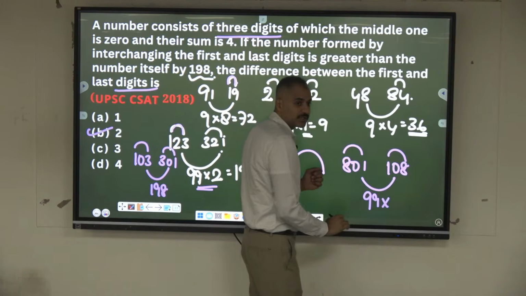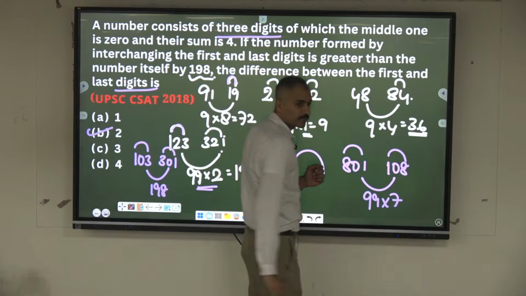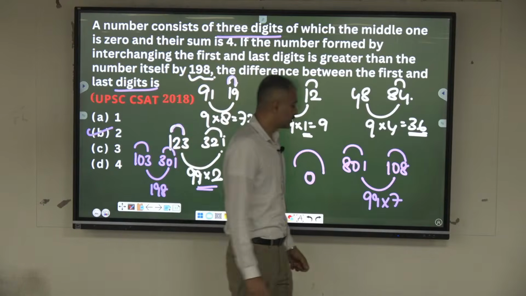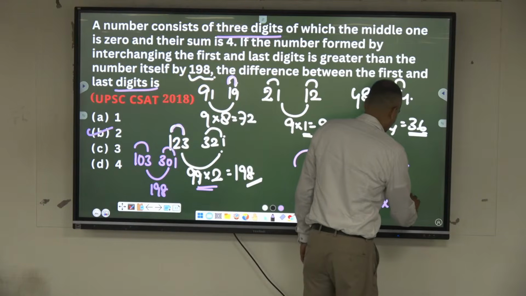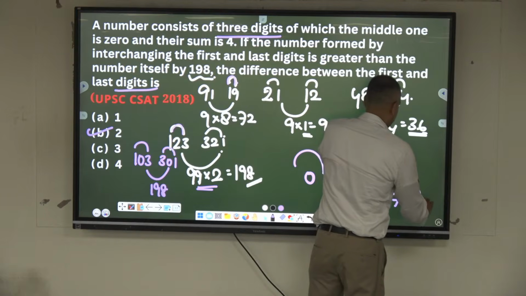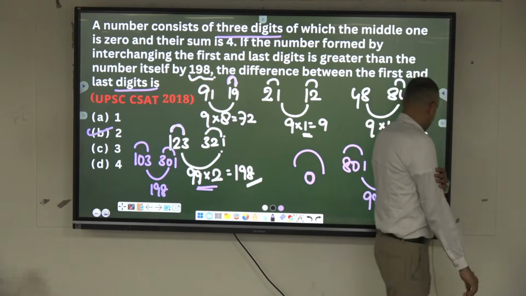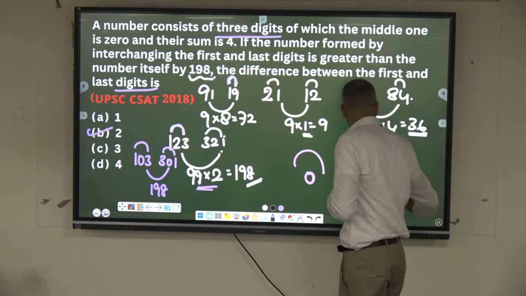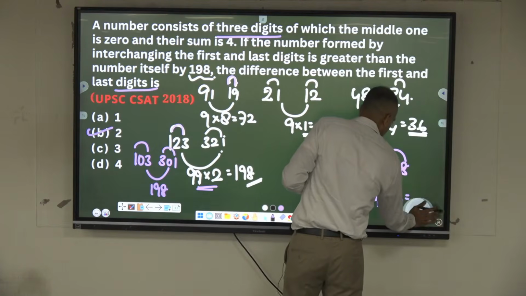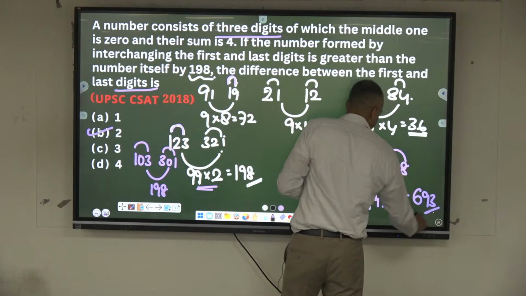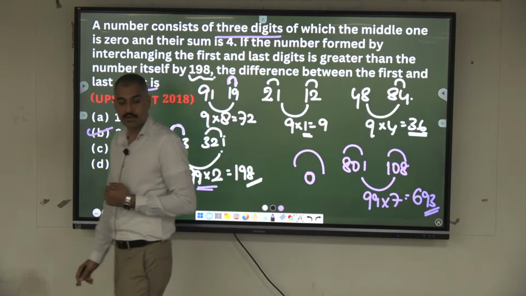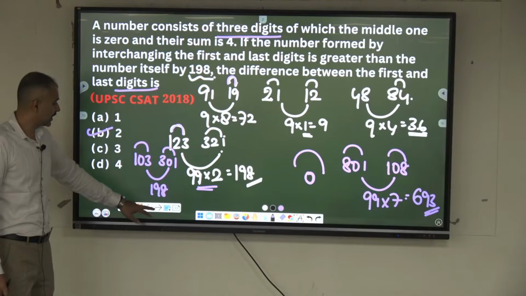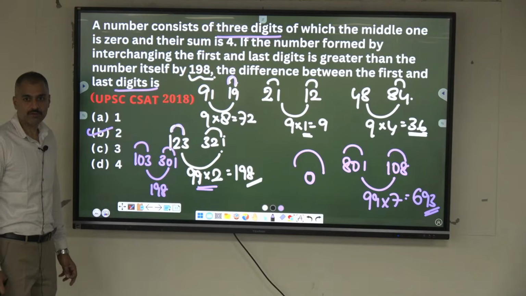The difference between the first and the last digit, 7 times. So the difference has to be 693. Remember this, whenever there is a 99 factor, this rule basically applies. Shall I move on? Understood?